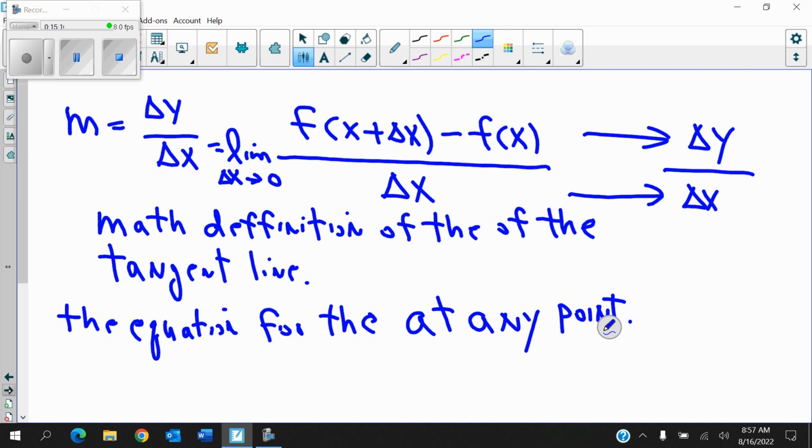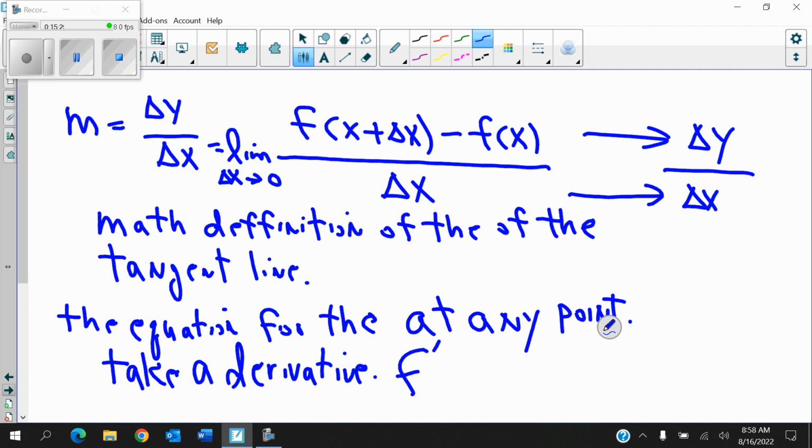When we do this, we say we take a derivative. Take a derivative. Which is symbolized in many ways. F prime of x, dy dx. These are differentials.